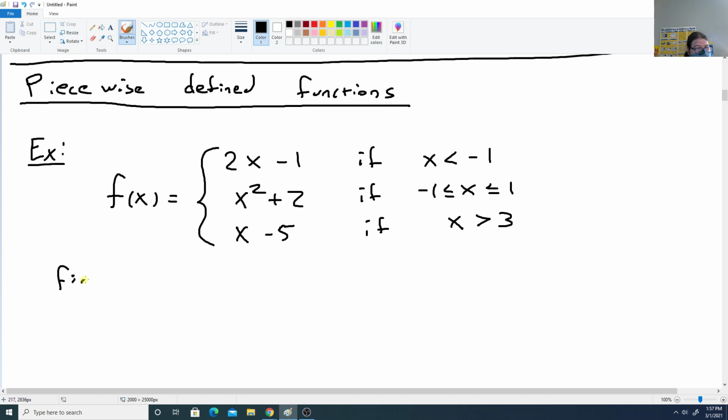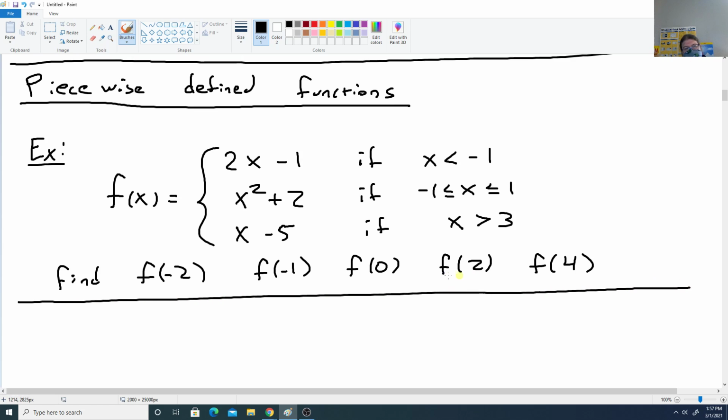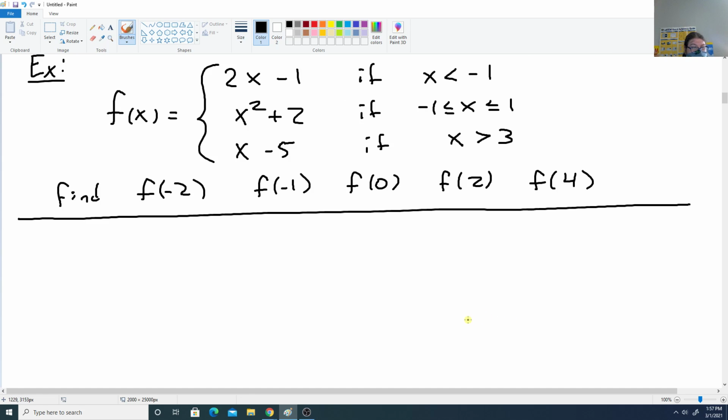And we want to find what is f of -2, what's f of -1, what's f of 0, what's f of 2, what's f of 4. So we want to find all of these function outputs for that particular function. So we'll say, all right, for part A, we have f of -2. Part B, we have f of -1. Part C, we want to find f of 0.